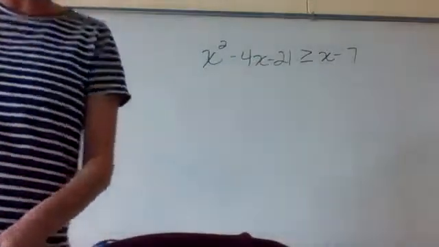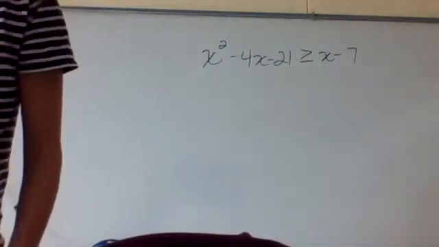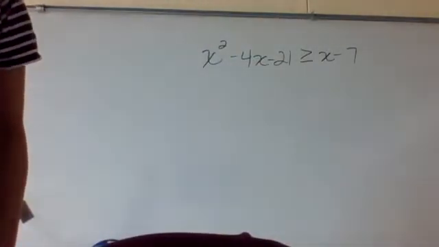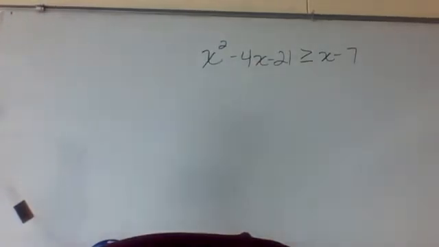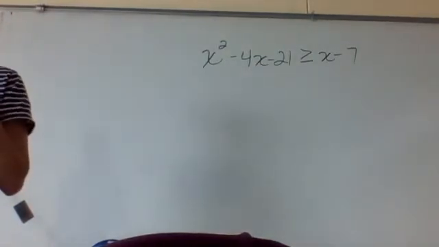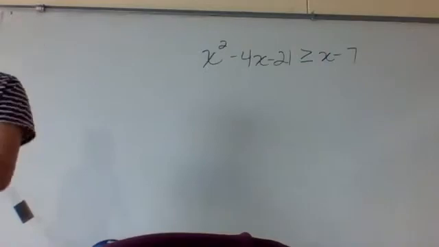Now remember, before you can put it in quad, it has to be set equal to 0, right? If you don't, you're going to put in the wrong number for your A, B, and C.